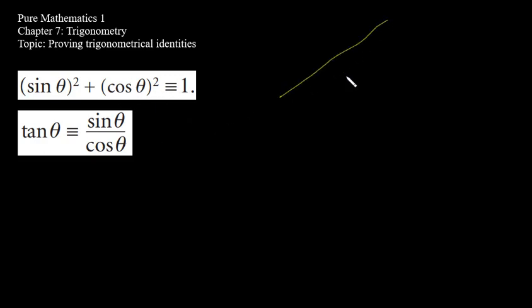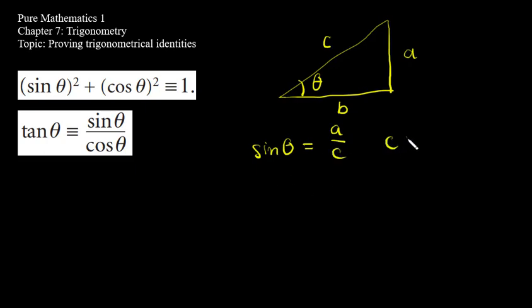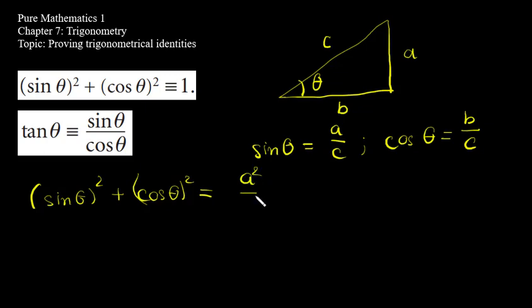First of all, I will draw a right triangle. I have this side A, this one is B, and this one is C. Here's my angle, theta. So sine theta equals A over C, and cos theta equals B over C. So sine squared theta plus cos squared theta equals A squared over C squared plus B squared over C squared, equal to A squared plus B squared over C squared.